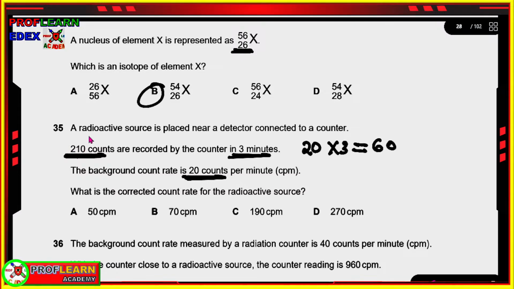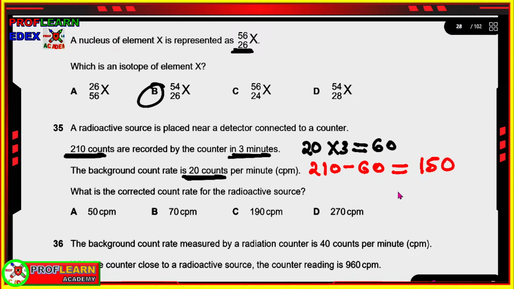Then we need to correct this count, so it will be 210 minus 60, which gives us 150.